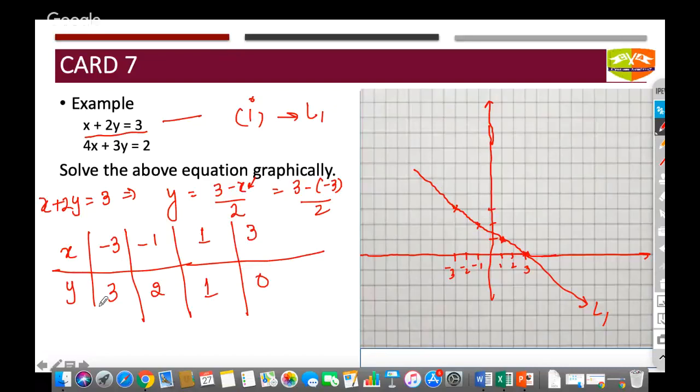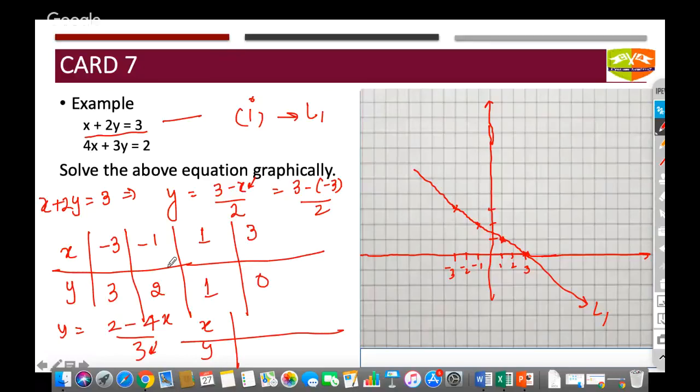Now I do the same thing for the second equation. The second equation, y comes out to be 2 minus 4x divided by 3. Again, I'll take a few values of x and try to find a few corresponding values of y. Now here I have a 3 in the denominator, so I would like to take values of x such that I don't get any decimal value of y.